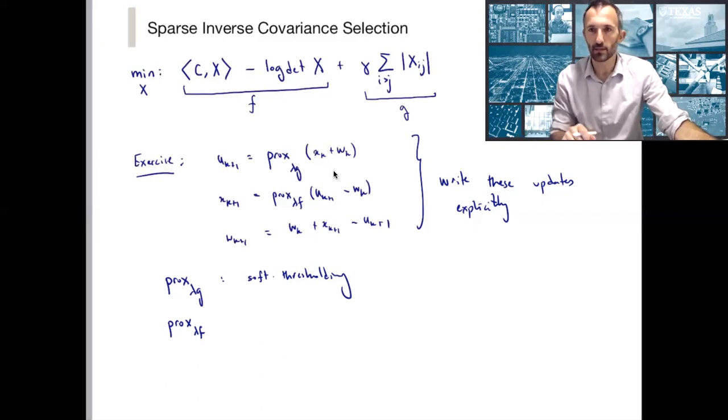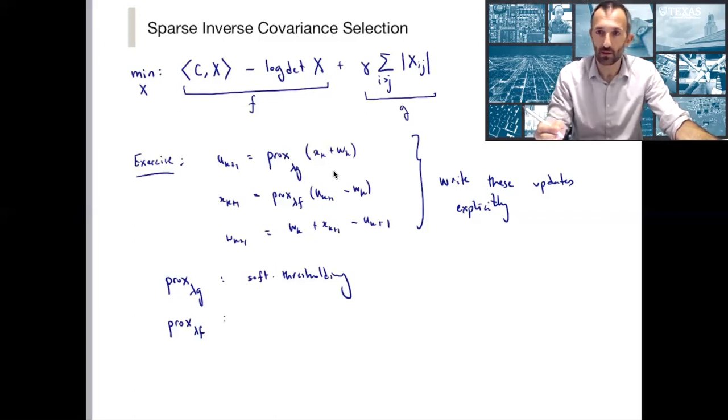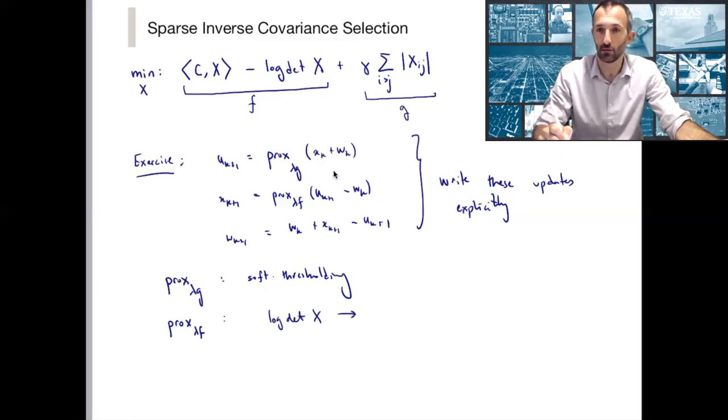There are a few challenges here. To help you along, one hint is that the derivative of log det x looks a lot like the derivative of log x. Instead of 1 over x, it's x to the minus 1.